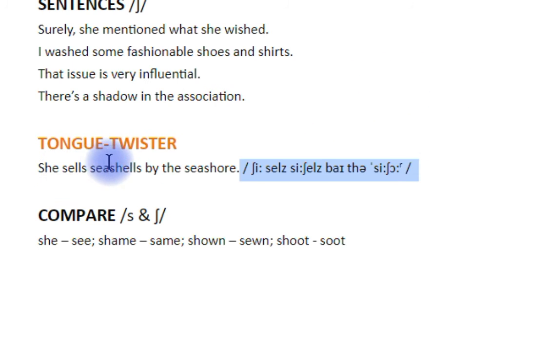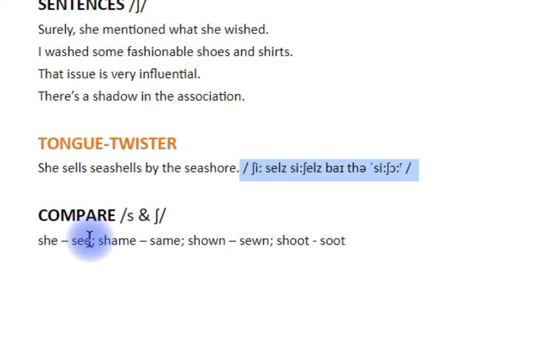You can practice a few times and you will become an expert on this sound. You can compare the S with the SH sound, which sometimes become confusing when they're very close in the sentence.